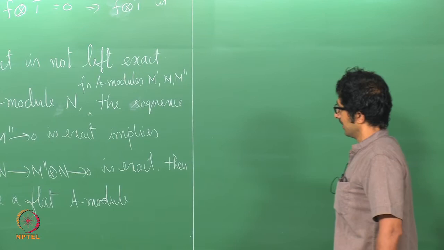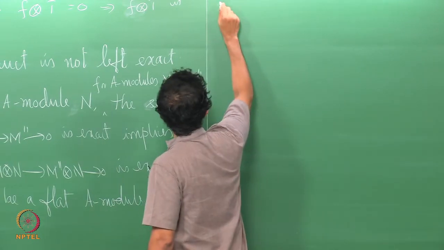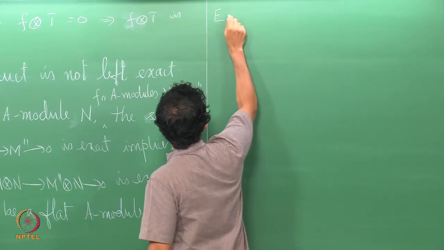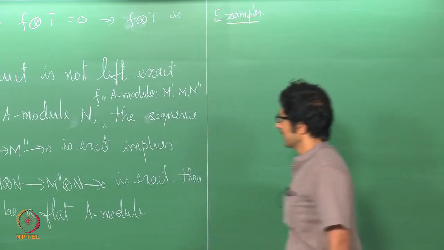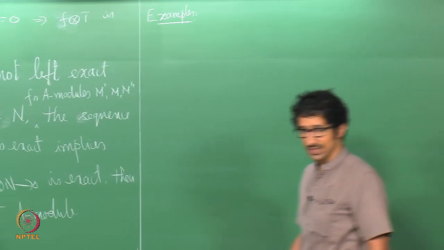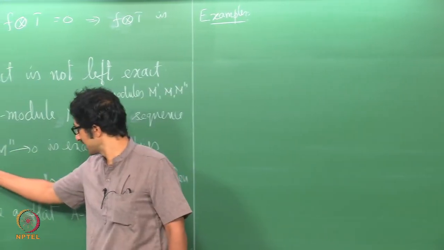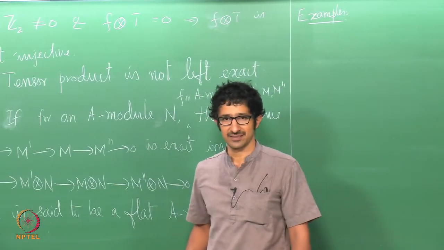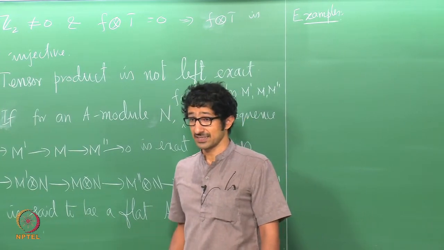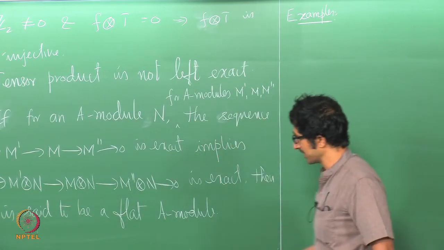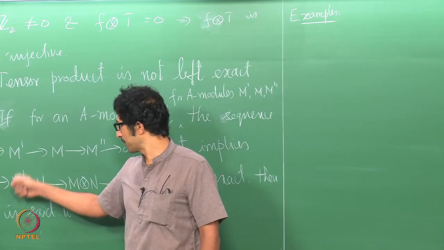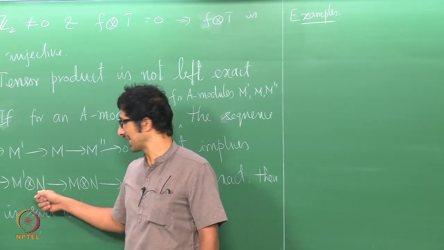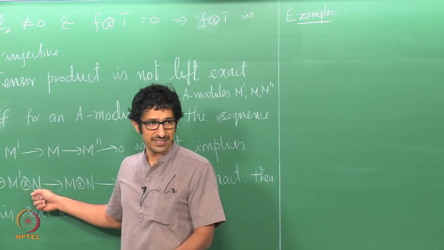Here are some immediate examples of flat A modules. Can you think of a flat A module? Tensoring by N, this is exact implies this is exact. In particular, suppose I take N equal to A. M' tensor A is M' itself, that is what we proved last time.